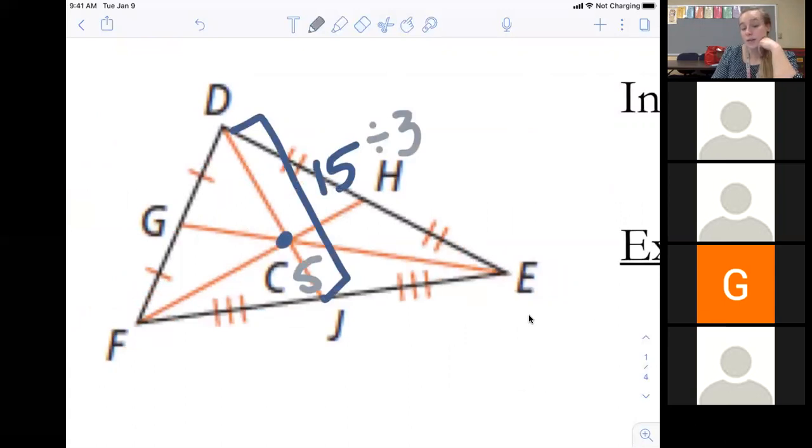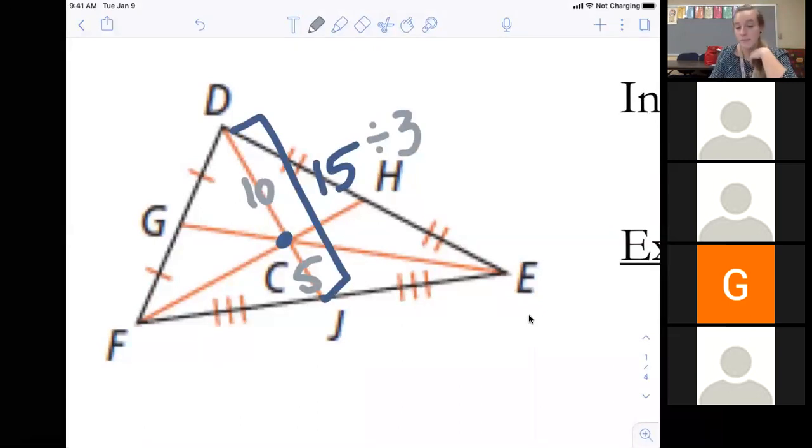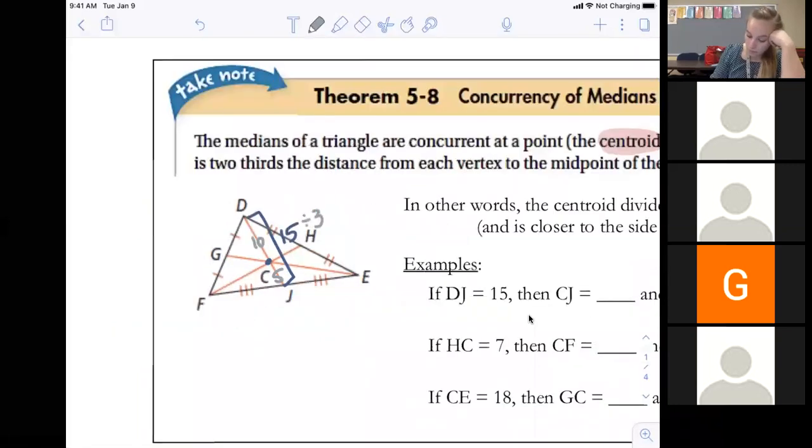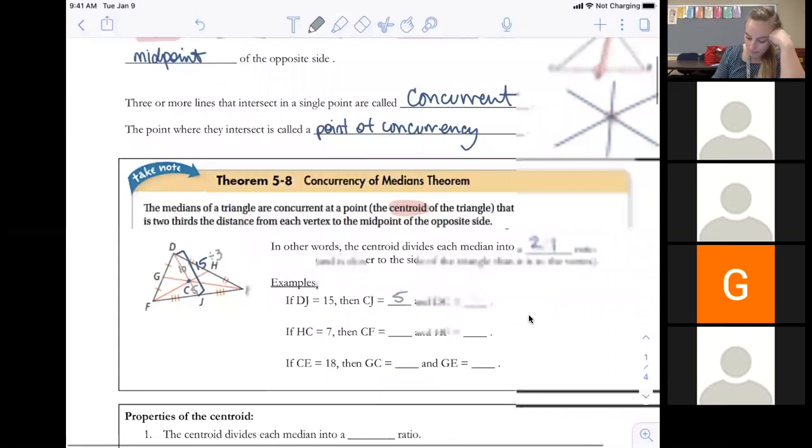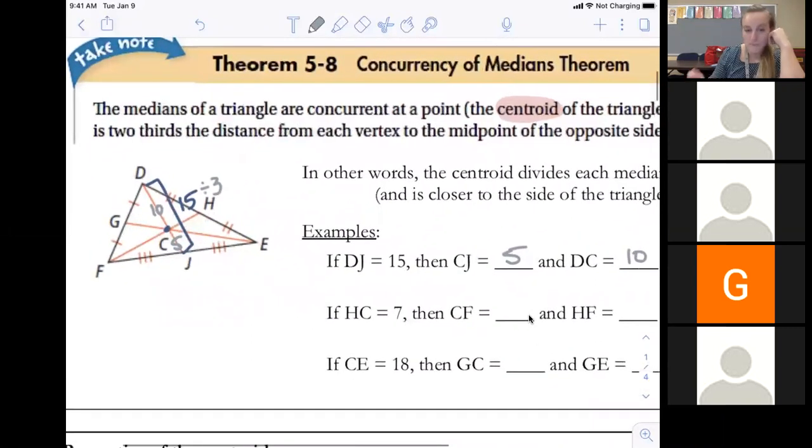Now, we could think of doing 2/3 of 15, or we can say, okay, DC is twice CJ, so 2 times 5 is 10. And that makes sense because 10 plus 5 is equal to 15. CJ is 5, DC is 10. Any questions so far?